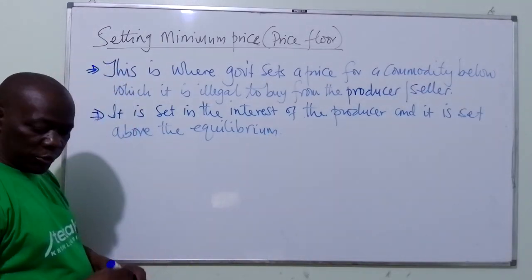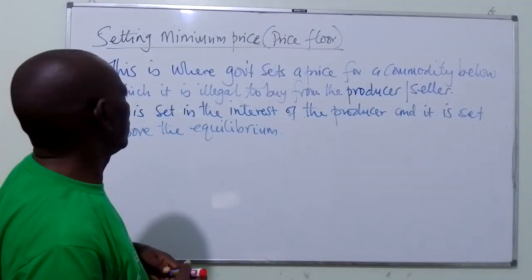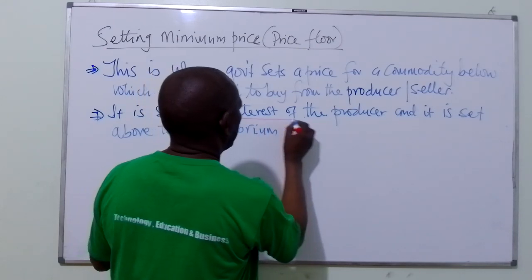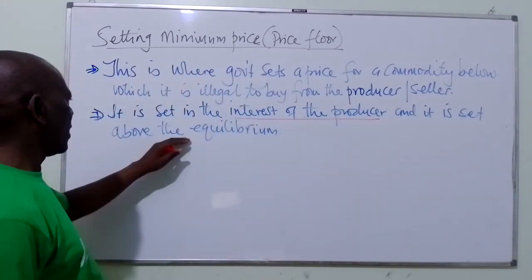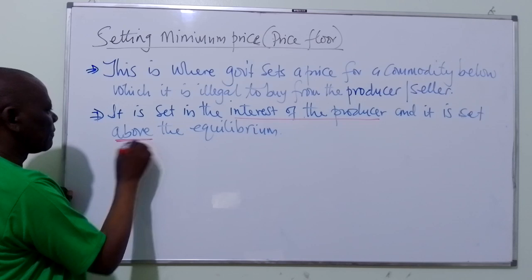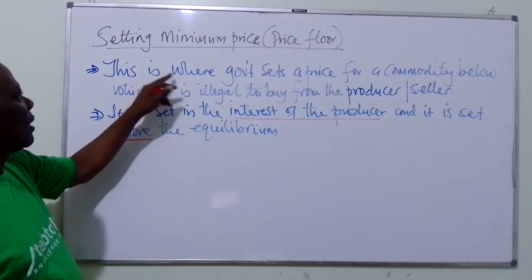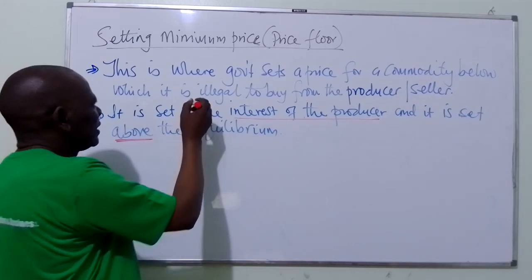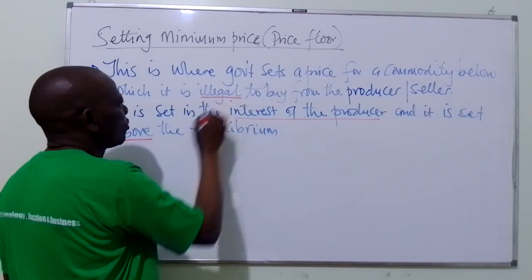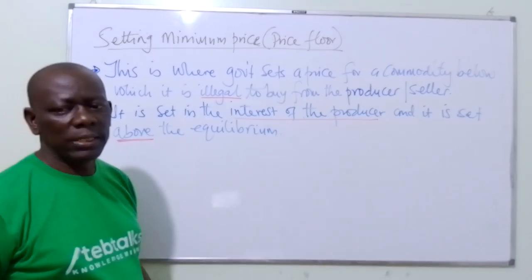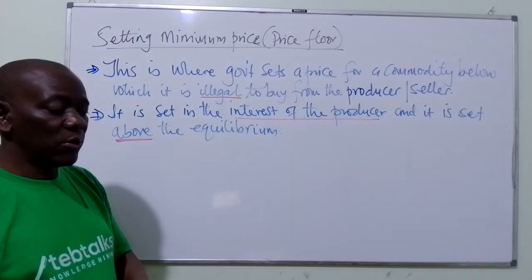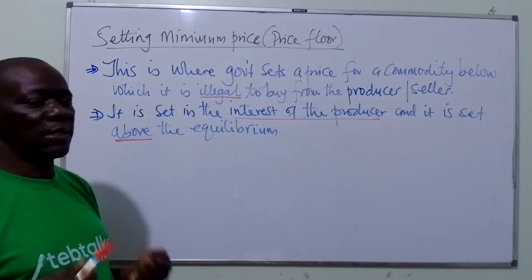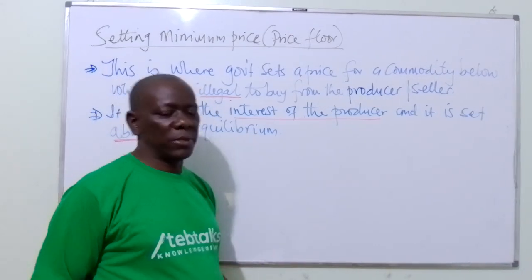So there are two issues here which we'll consider. It is set in the interest of the producer, and it is set above. It's very important. Here we say it's set price by the government, and it is illegal, not allowed. Once government has set it, we know that it is a government legislation. Government has the powers to control the prices.